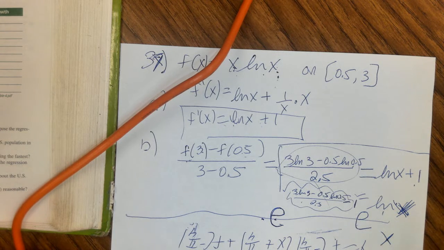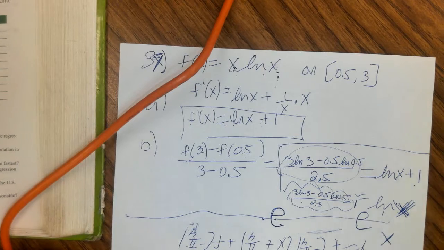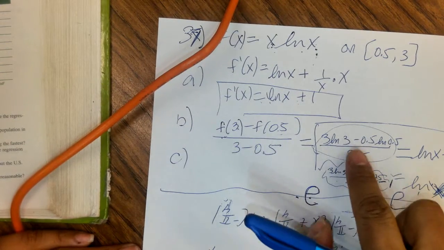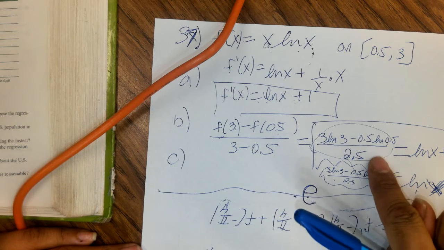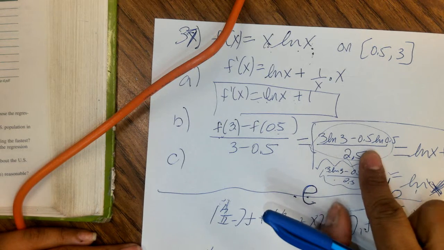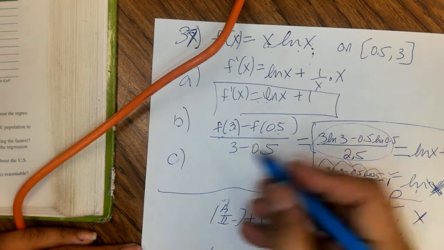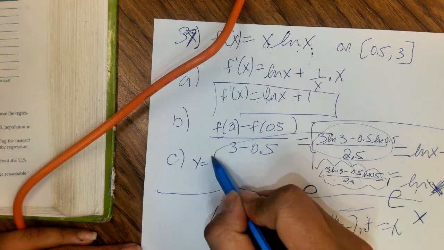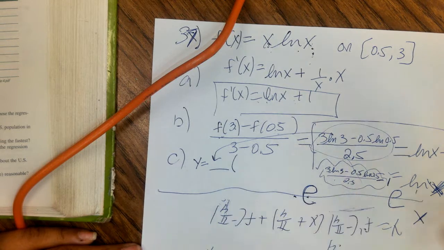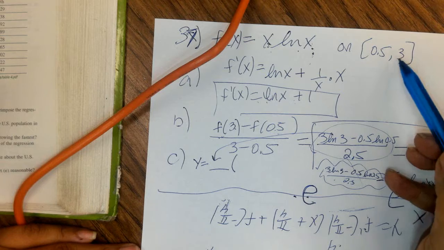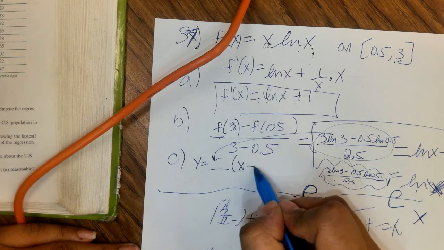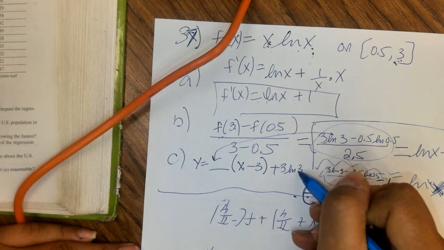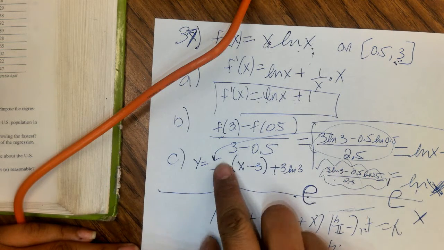The equation of the secant line in C, that's pretty simple. This ugly number represents the slope of the secant line, whatever that decimal is, and then it's y equals whatever this decimal is as the slope. Let's choose an x value. We can choose the x value to be 3, and then the y value at 3 is 3 ln of 3. But this decimal is the slope of the secant.